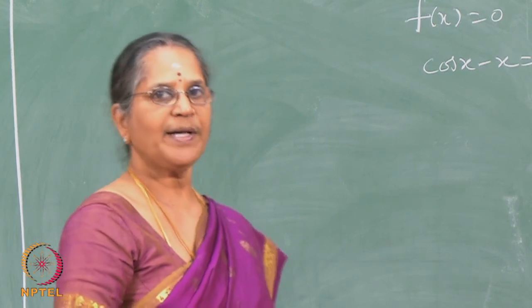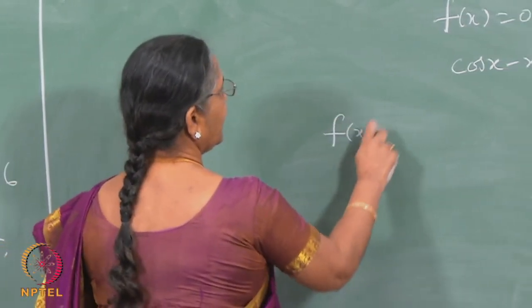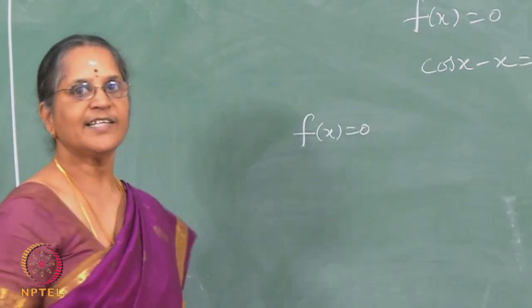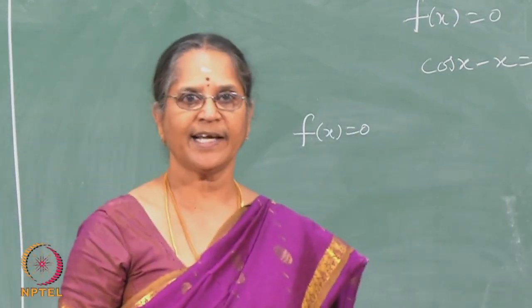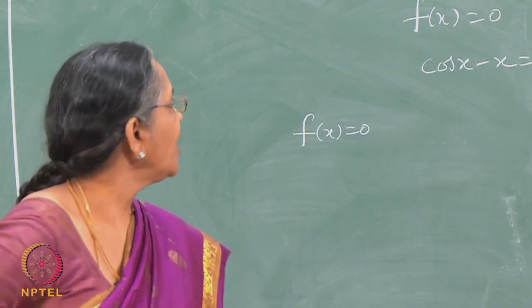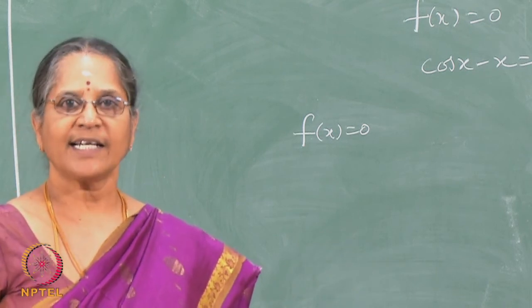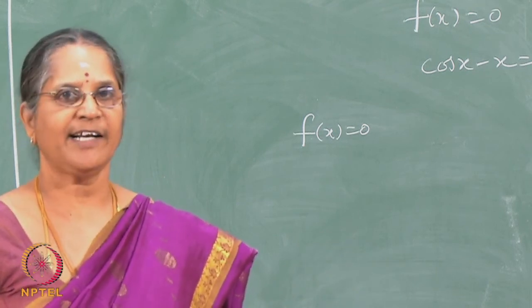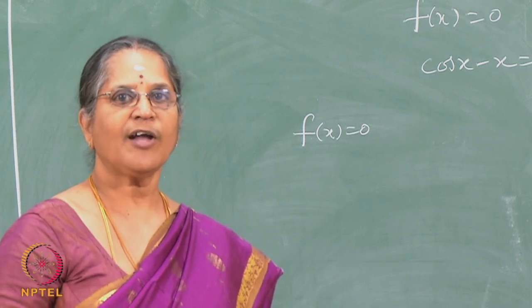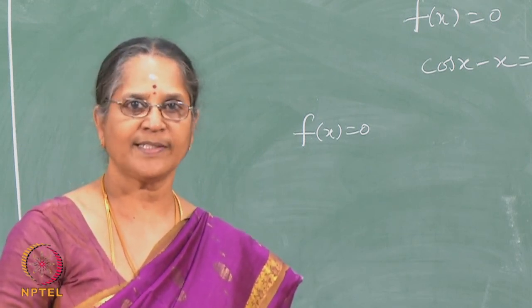So, given an equation of the form f of x equal to 0 and we are interested in solving this equation numerically, we can make use of any one of these methods, which belong to either the enclosure category or the fixed point iteration category, and solve this problem correct to the desired degree of accuracy.